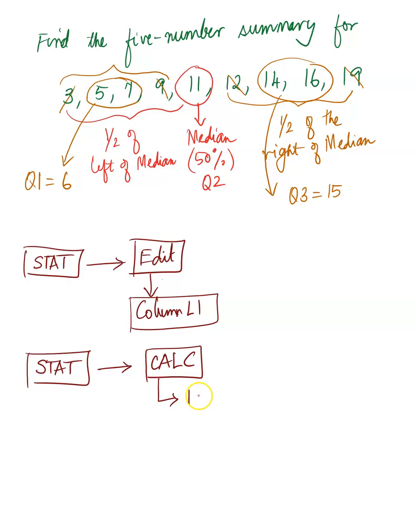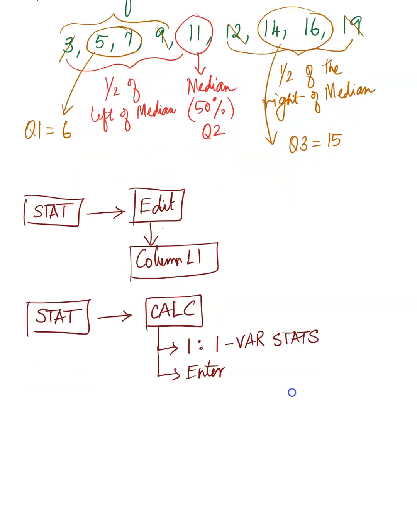But the first menu is 1-Var Stats. That means one variable. So you have 1-Var Stats. So hit enter. You have a list in my version.